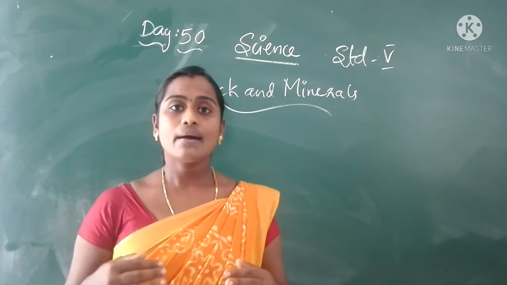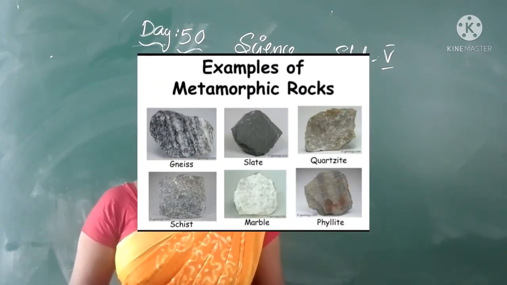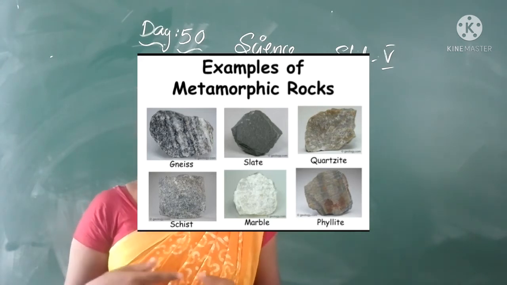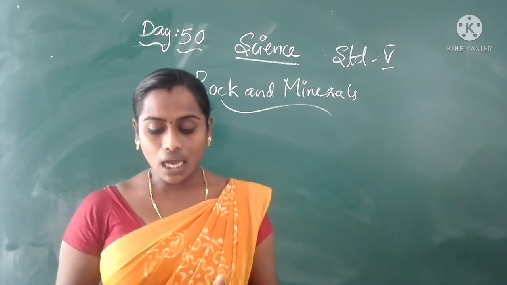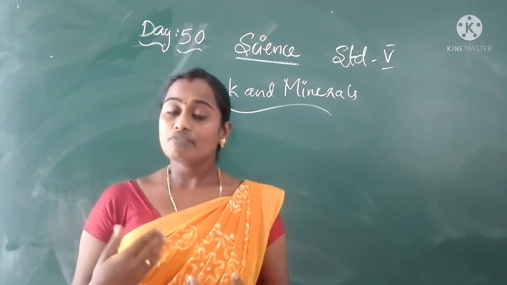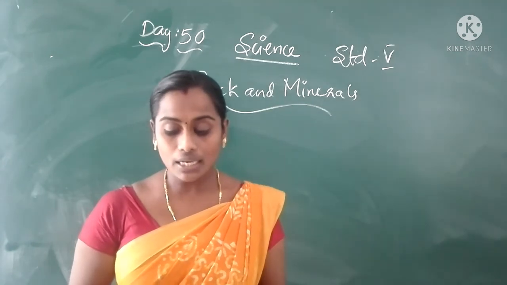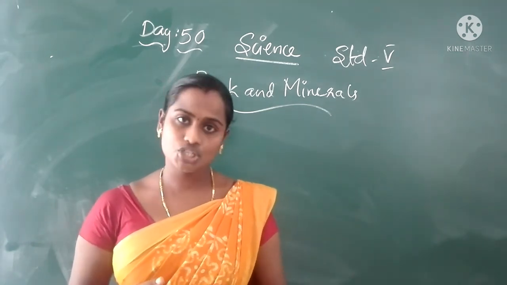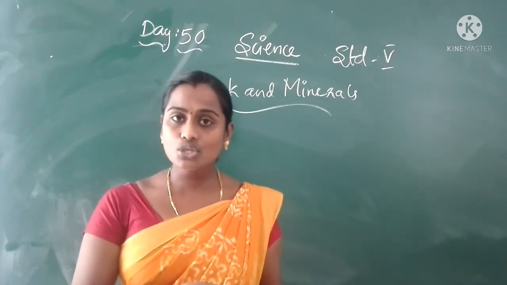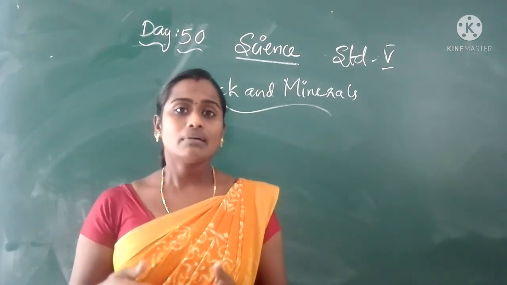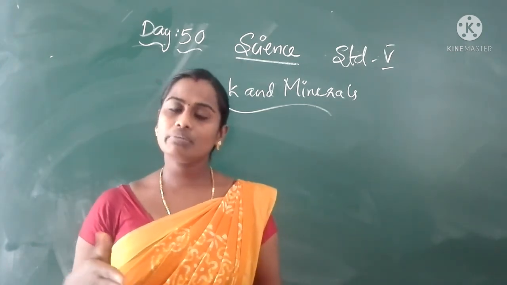The last one is metamorphic rocks. What are metamorphic rocks? Metamorphic rocks are formed from igneous and sedimentary rocks, which undergo some changes because of the action of heat and pressure. Metamorphic means changes.